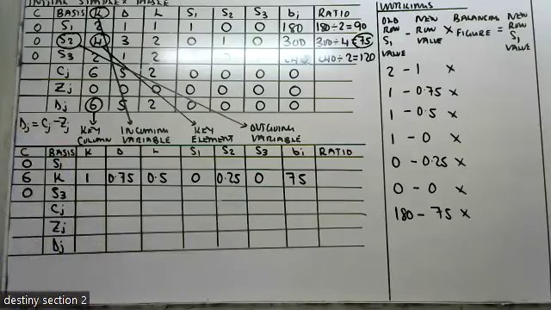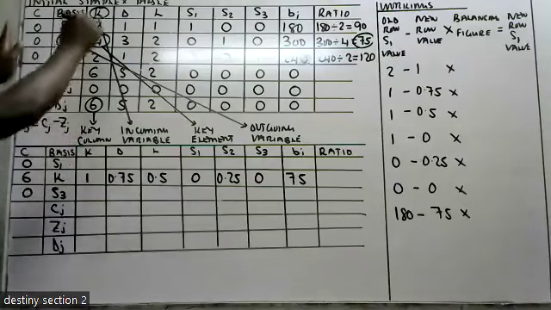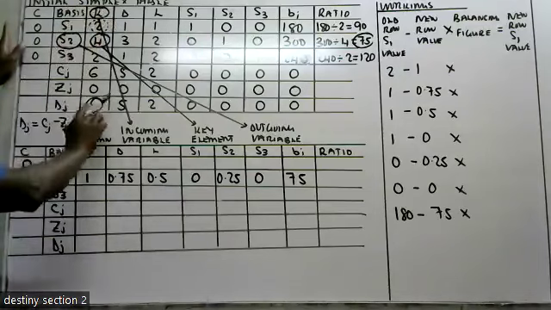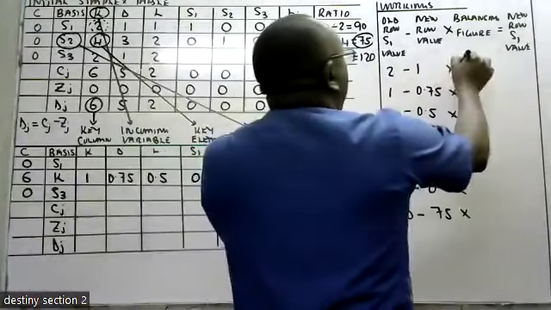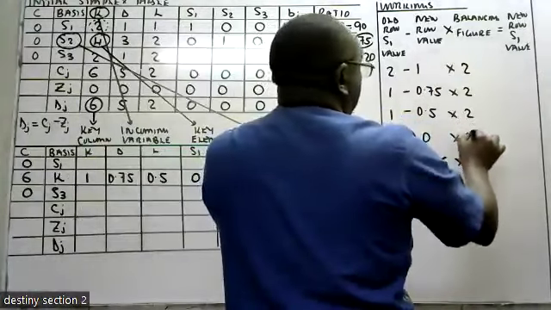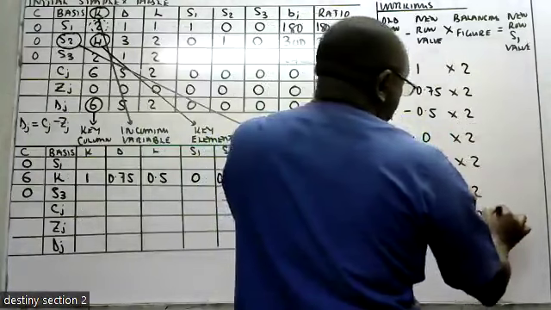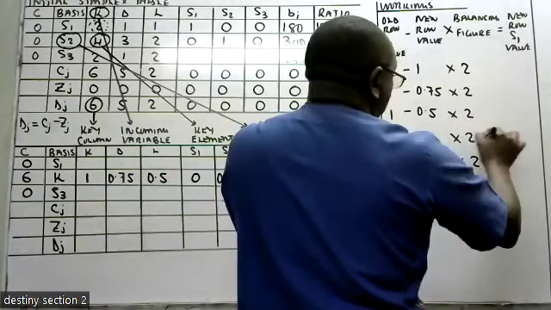The balancing figure is the value at the intersection of the key column and the old row that you are dealing with, which is 2. So you put 2 everywhere like this. Then you say equals.